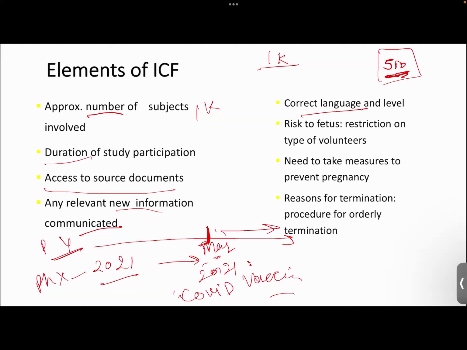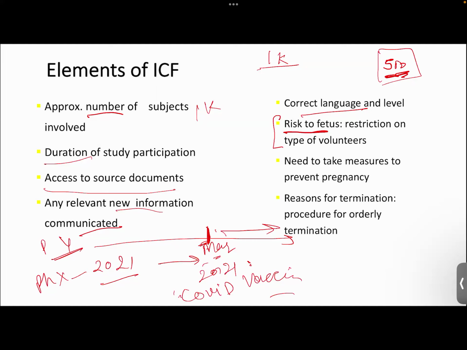Correct language and level. If there is any risk to a fetus, and you pick any informed consent form that is not meant for pregnant women or expecting families, then there will always be a sentence in the exclusion criteria that if you are planning to have a baby or planning to start a family, please do not participate.